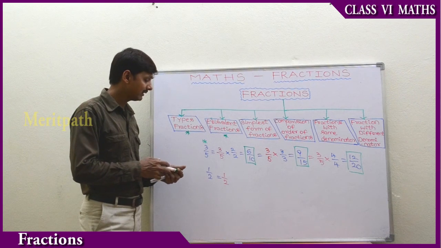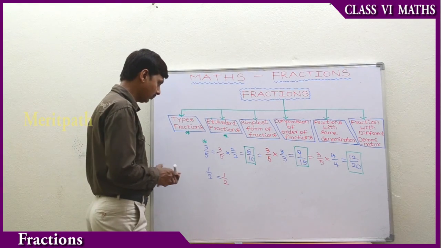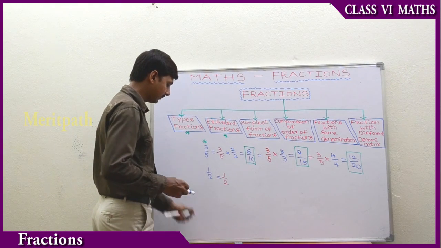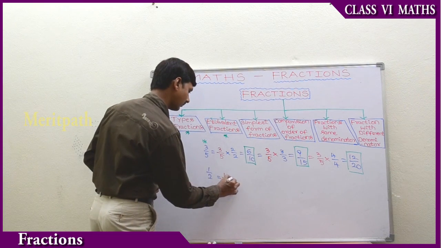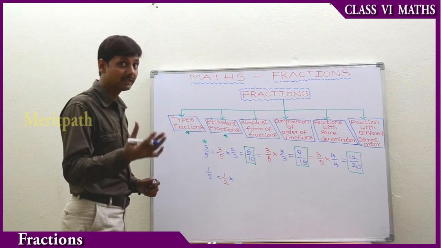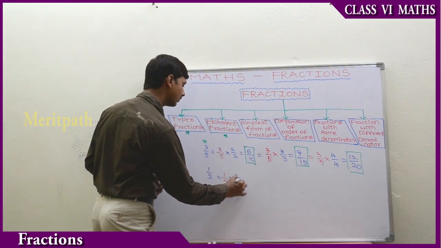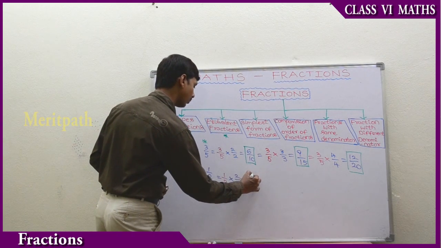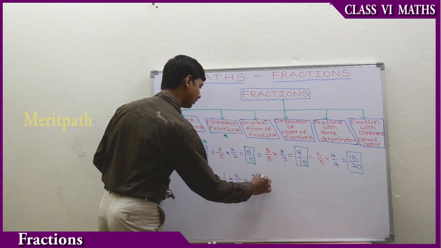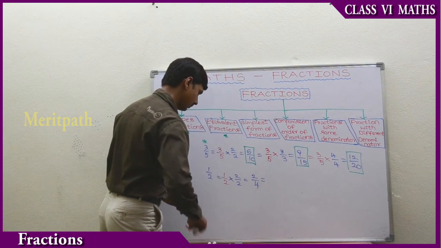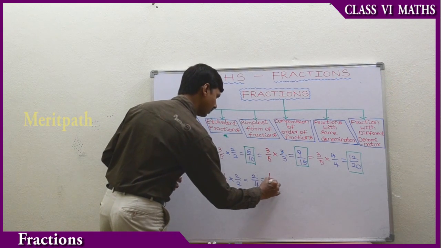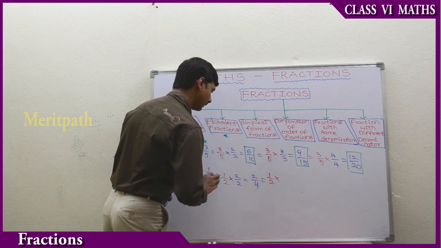Let's take some other example, that is 1 by 2. It should be multiplied with a number other than 1. So 2 by 2. We'll be getting 2 by 4. Next, 1 by 2 we'll multiply with 3 by 3.